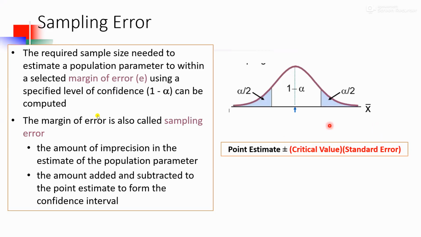So we are allowing our point estimate to change by this amount. This amount measures the precision, to what extent we are allowing the estimate to reflect the population, right? So critical value into standard error is called the margin of error, right?